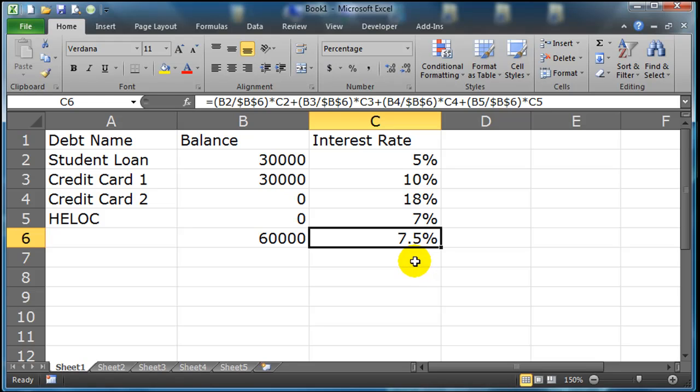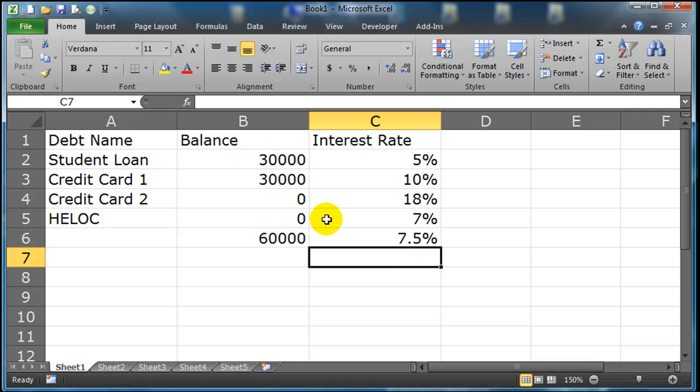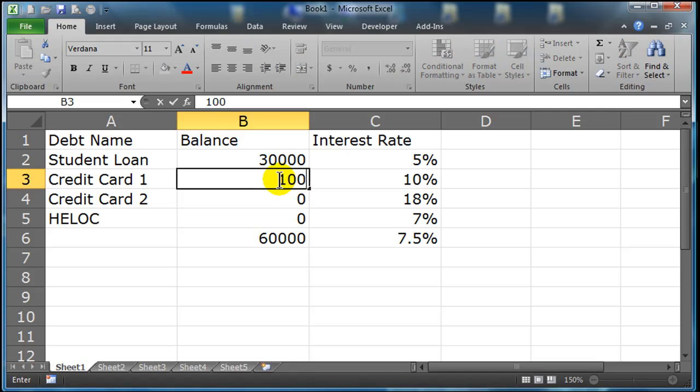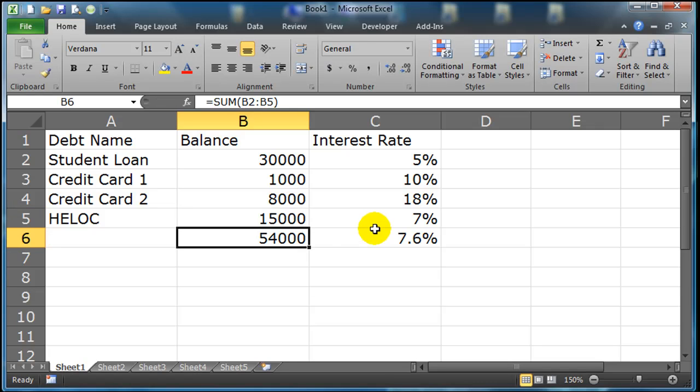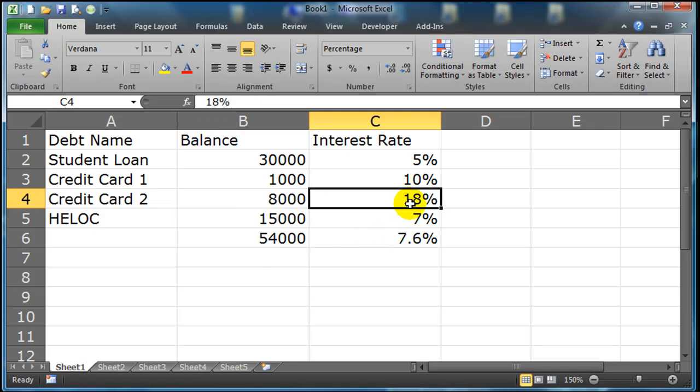So that's weighted average, and that'll come in handy when you are managing debt. Some financial advisors might say you target the debt. Let me put more realistic numbers in here. Some might say you target the debt that has the highest interest rate, and that's one way to go, and there's logic to that.